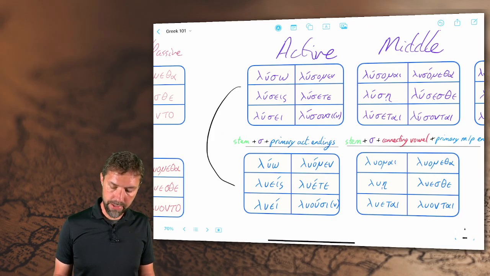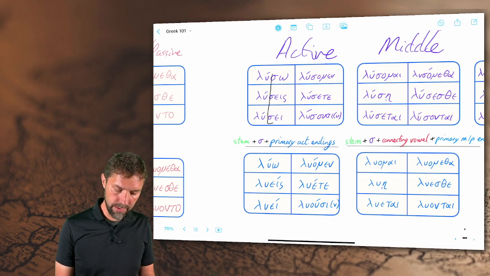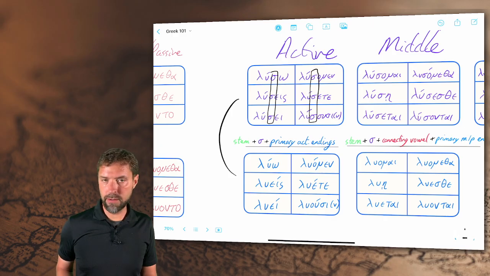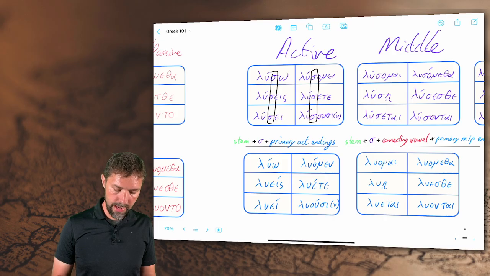If you caught it, or if you want to pause the video and look for a second first, that's fine. The pattern that we pick up is that there is a sigma added right in this spot all the way down the paradigm. Otherwise, these two patterns are identical. When we learned the present, what we learned was that you need to add the stem plus primary active endings.